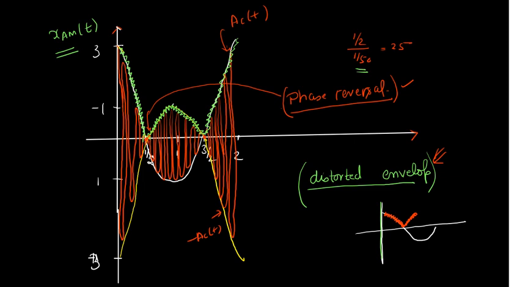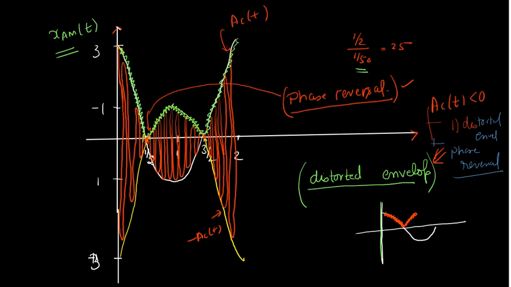So if A_c(t) is negative, it gives rise to two problems. First is the distorted envelope, and the second is phase reversal. And this is also called overmodulation, right?